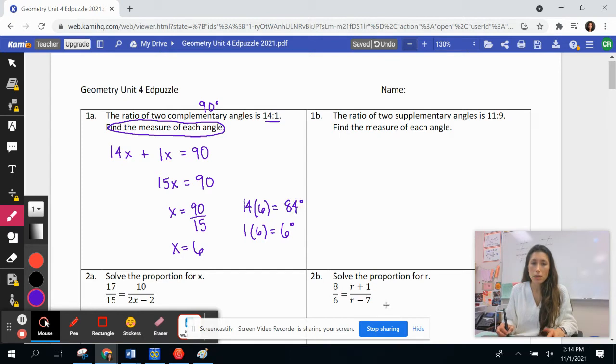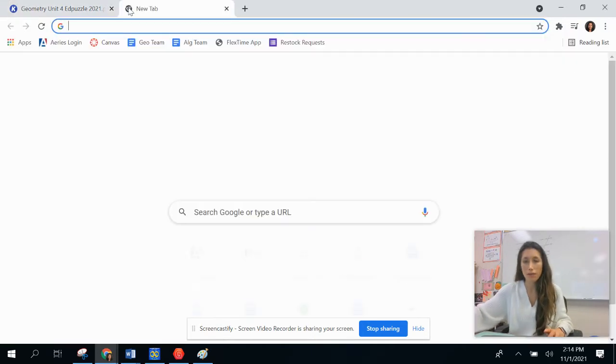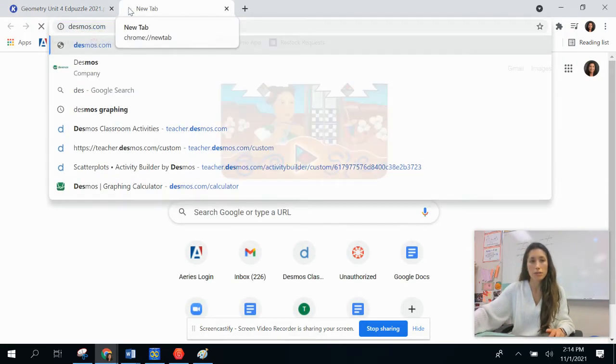So what that means is my angles started out as a ratio of 84 to 6. And when we simplify that, 84 to 6 simplifies to 14 to 1. And you can even check this on a calculator.